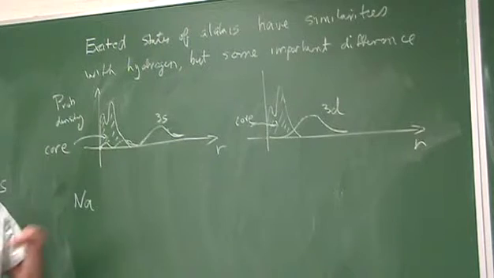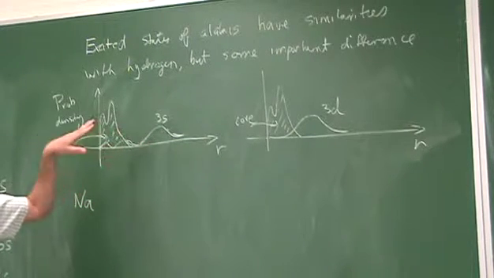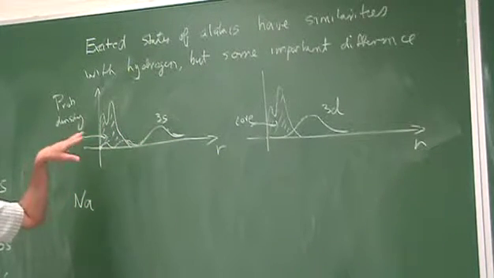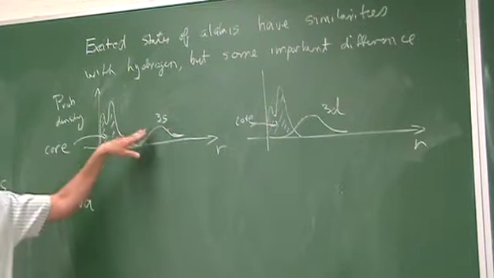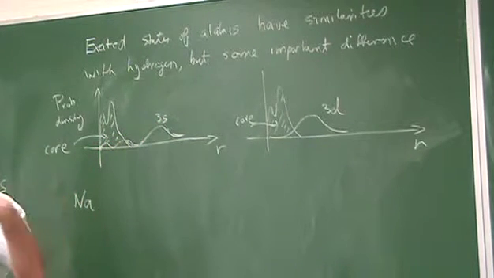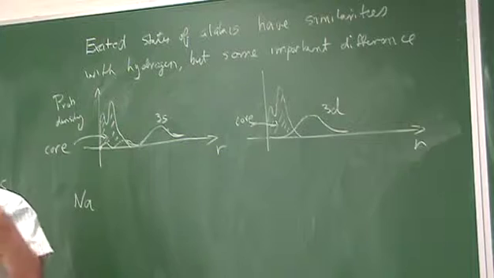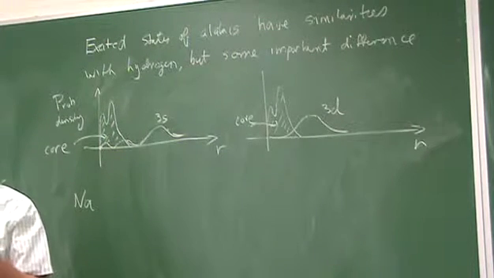Okay? So the point here is that for a given n, the lower angular momentum orbitals correspond to more deeply bound states.